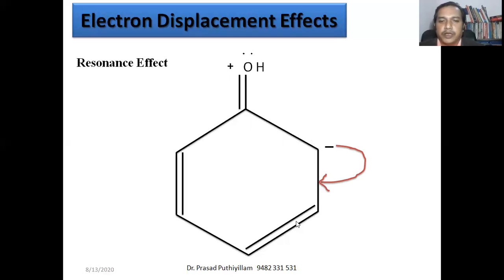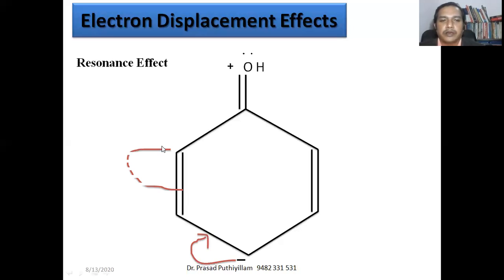When it forms a double bond here, this pi bond will break and the electron density will go to the next carbon atom, giving a double bond here and a negative charge on the next carbon. Again, this negative charge means more electrons. It can form a double bond such that the double bond shifts and the electron density goes to the next carbon atom, giving a double bond here and a negative charge at this particular carbon atom.